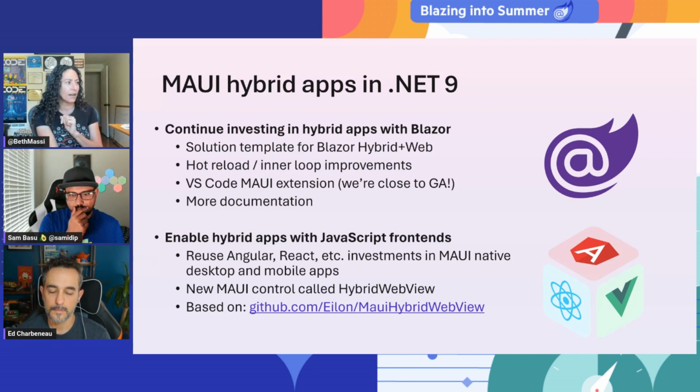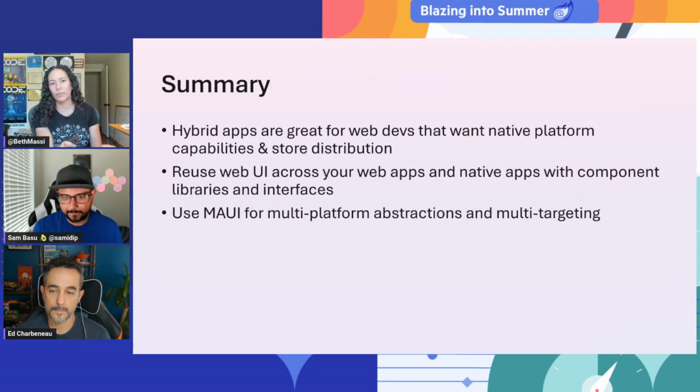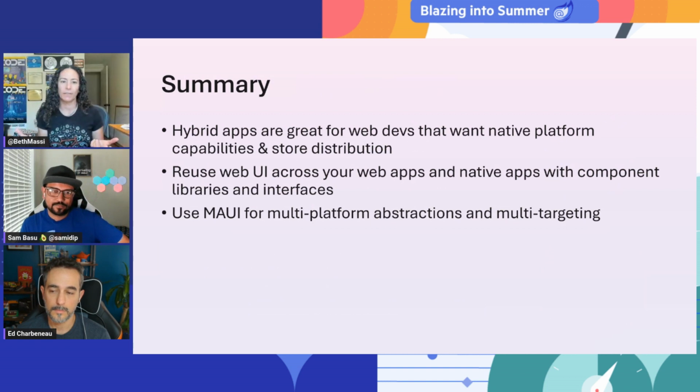So the summary is really just, hybrid apps are really great for web developers that want native platform and capabilities, plus the store distribution. And then you reuse your UI across web and native with component libraries and interfaces. And then MAUI really does make the abstraction for all of those platforms really easy. That's the vision for MAUI.